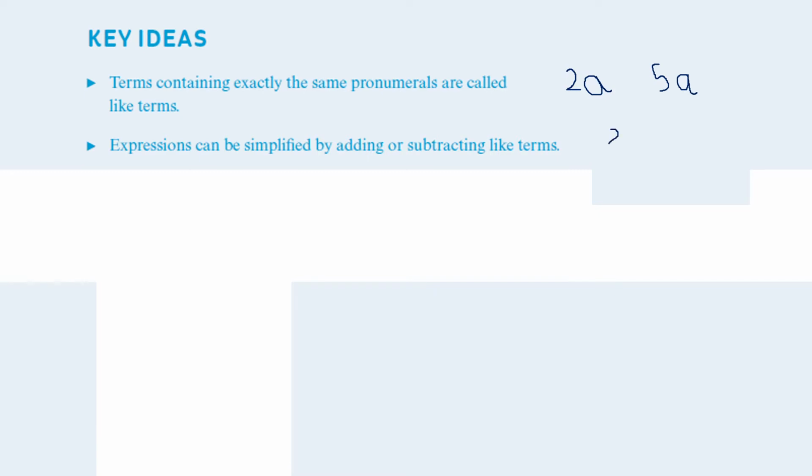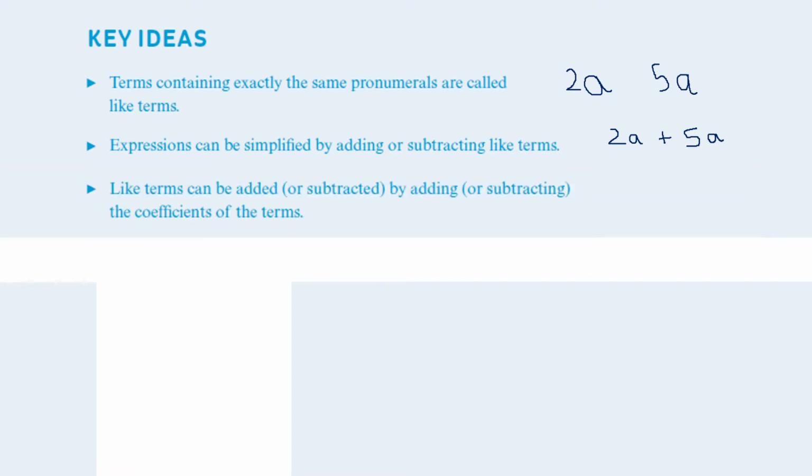So I might do 2a plus 5a. Or I could have done 2a minus 5a, or even 5a minus 2a. I'm just showing you an example here.